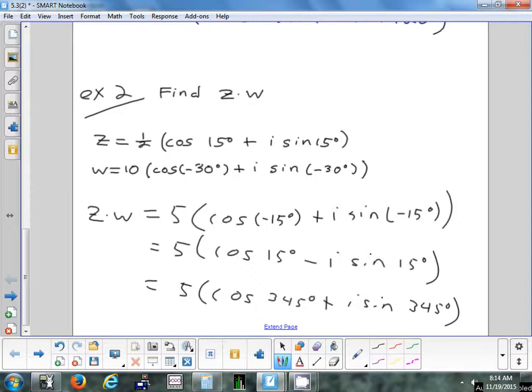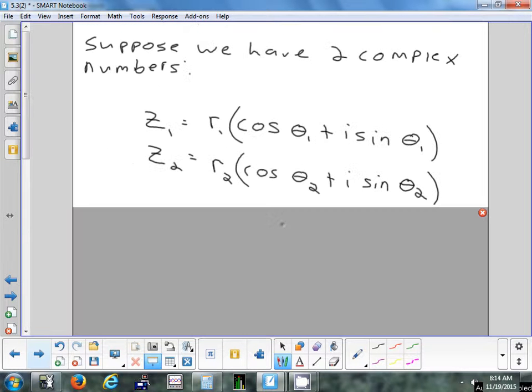Right, so if we can multiply, division is pretty much just as easy. I'm going to use the same setup I did last time. Two complex numbers. Each number is going to have its own radius and its own angle.